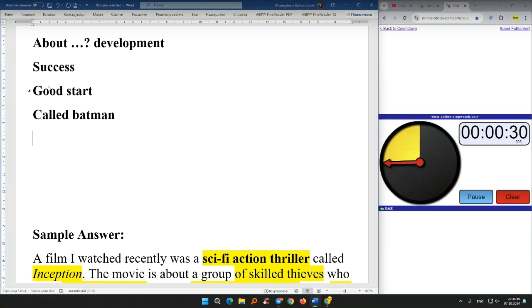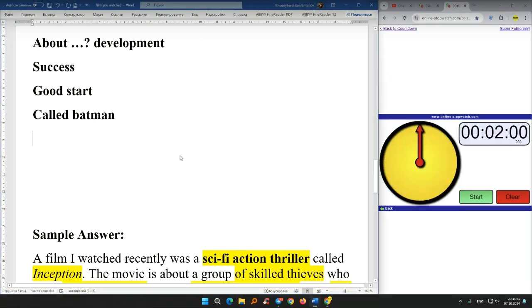So have you finished? Good, good. First of all, it was a good start, beginning with such a structure, and you can say it's called Batman or call it Batman instead of name. So it's not name, it's title, right?